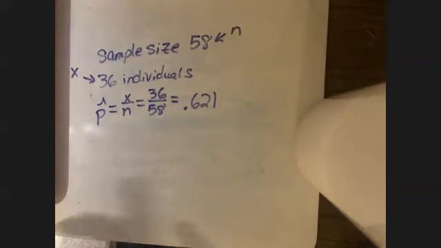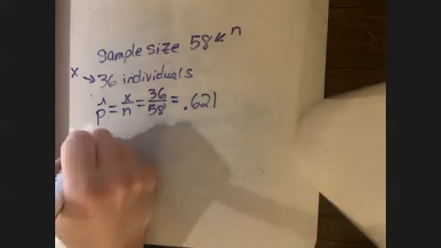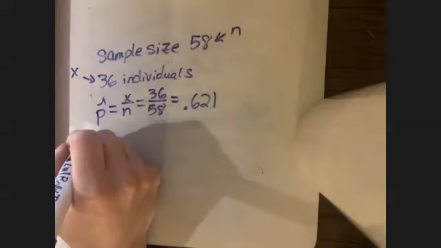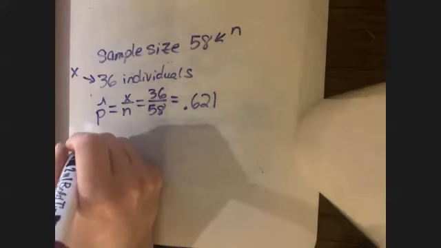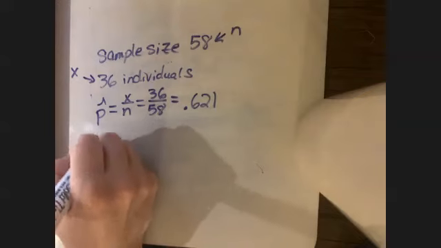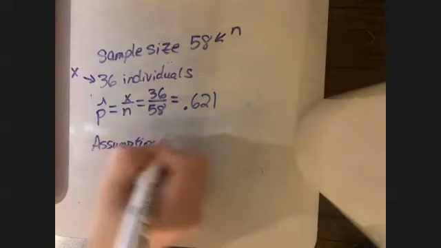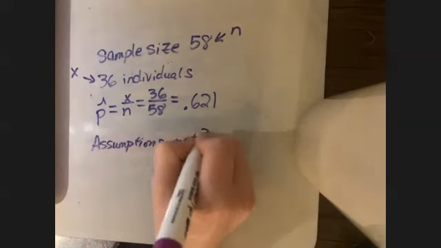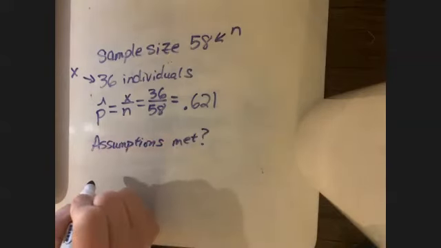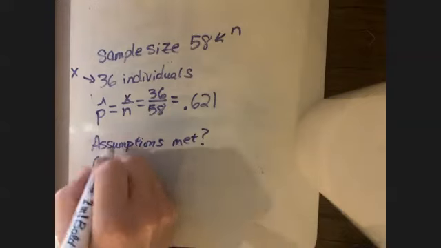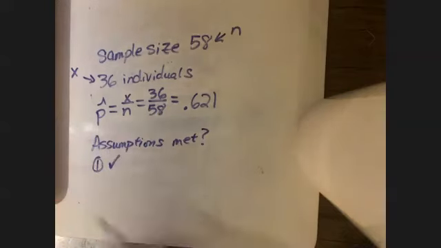Now, the second thing asks, do we meet all of our assumptions? Okay, so assumptions met. Okay, so it says in the setup for this, it says simple random. So check for the first one.